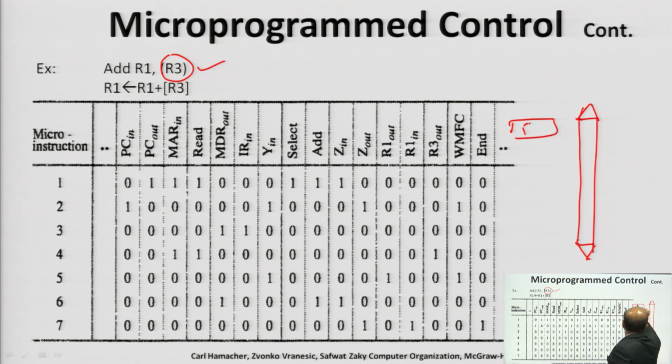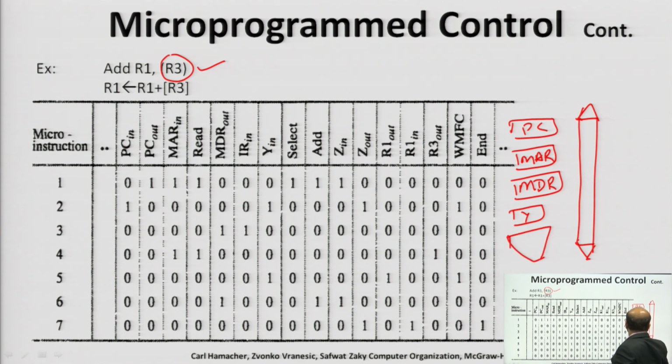Here the PC program counter was given, and two registers related to memory, MAR and MDR, were there, and there was the Y register, which is the ALU register, and an ALU, and a few controls of arithmetic operations are given as input.